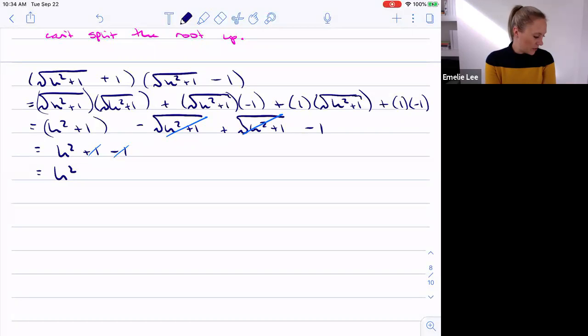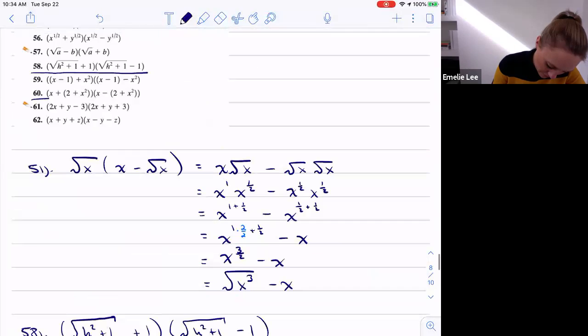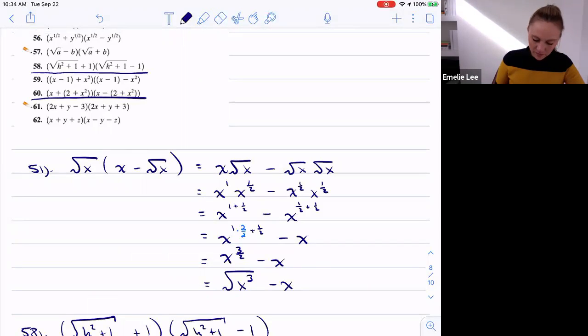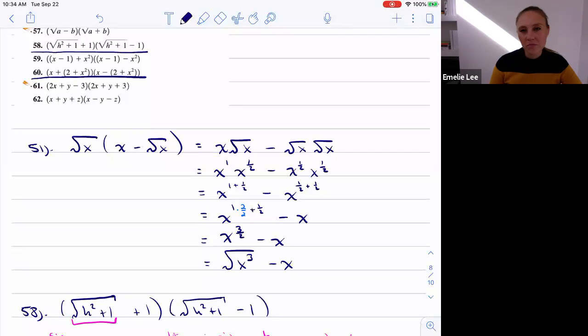Let's do another example. We'll do 60 as an example, nice and big. Maybe we should do 61 as well.